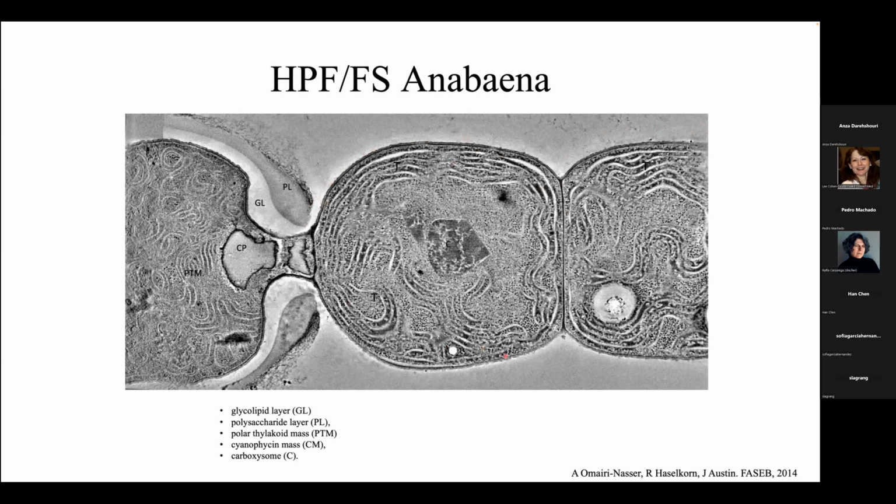And this is the heterocyst after doing high pressure freezing and working out the protocols. Now we have the vegetative cell, and we can see the thylakoid membranes very clearly. We can see the heterocyst. We've maintained the outer cell wall layers, the polysaccharide layer, the glycolipid layer. So you're going to see time and time again that when you apply high pressure freezing or cryofixation techniques, you have a cellular fidelity that's much higher and more reliable than ChemFix.